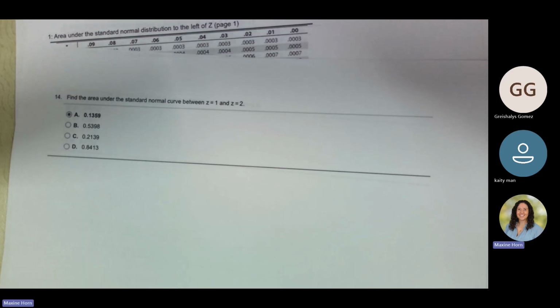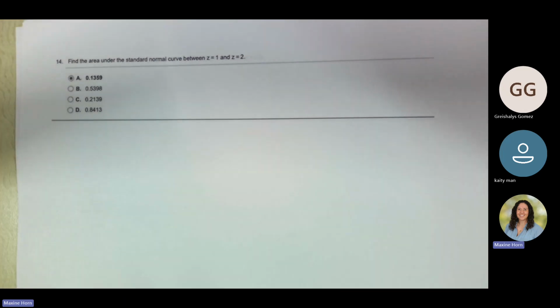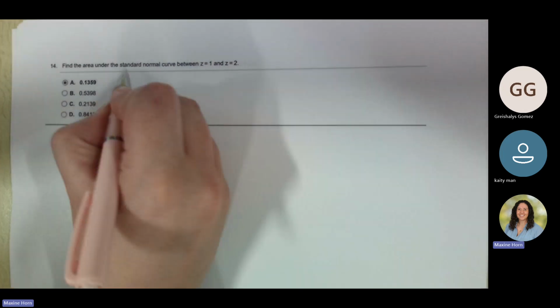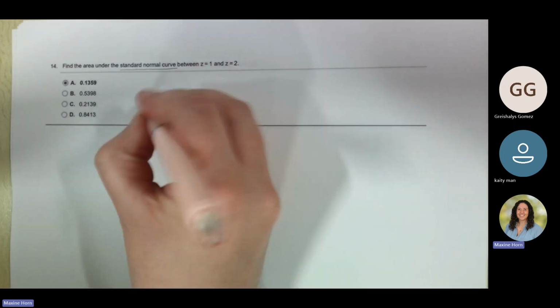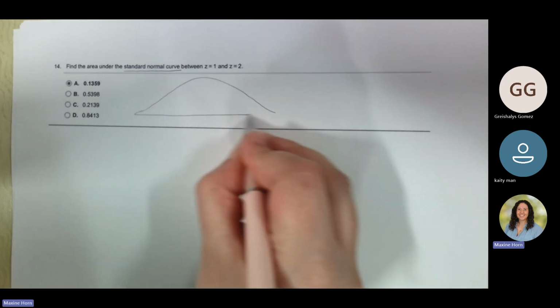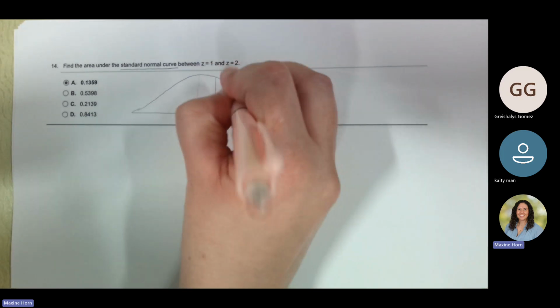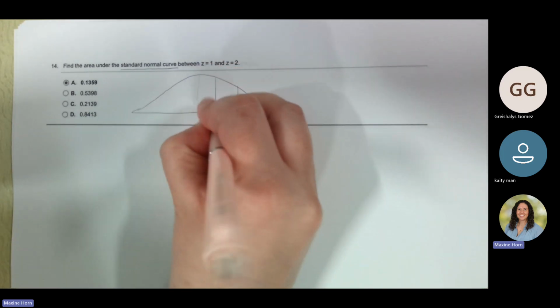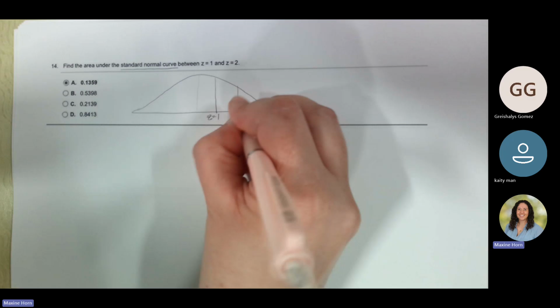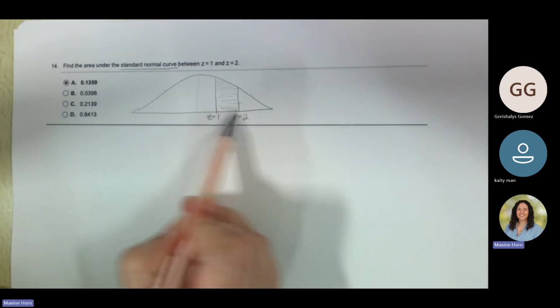Okay, number 14, find the area under the standard normal curve between z equals 1 and z equals 2. So here's our mean, and then we have a z of 1 and a z of 2, and we only want the area in between.